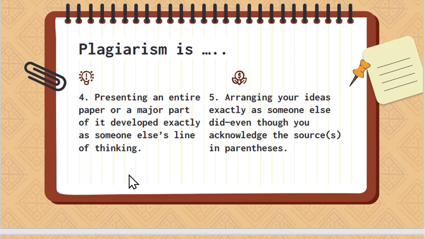So it becomes plagiarism. A good researcher should try as much as possible to avoid plagiarism. So you can avoid plagiarism by mentioning the original author or the original owner of this source.